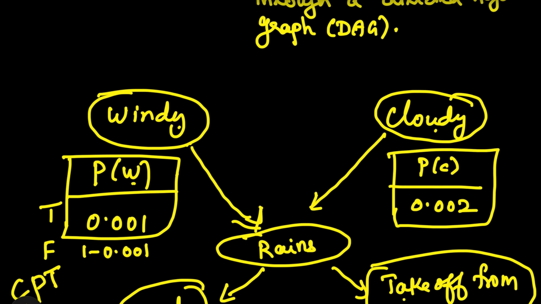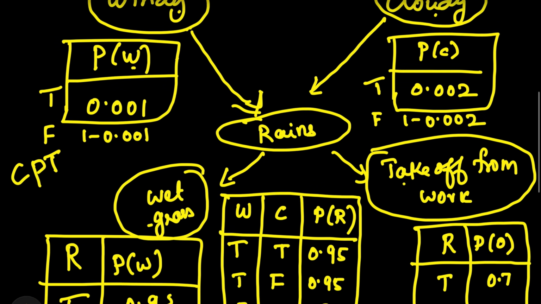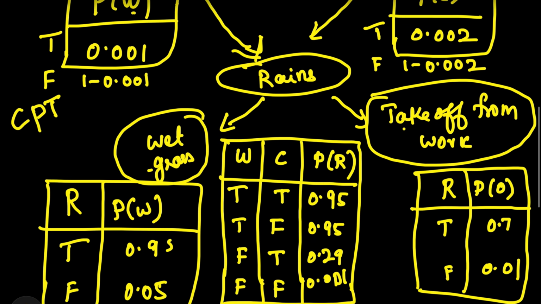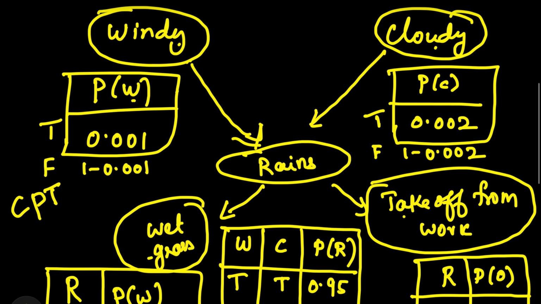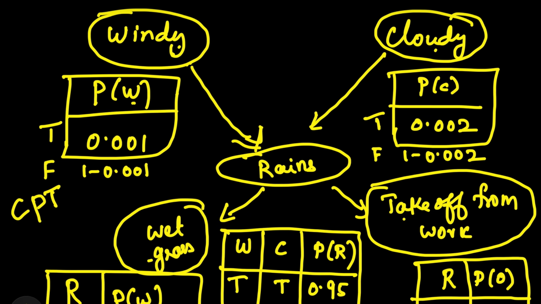And here it is cloudy. Cloudy is also a separate node with the feature cloudy. It doesn't have any parent node, so we take only the probability of cloudy. For the true condition, if cloudy is yes, the probability is 0.002. If it is false, I will take 1 minus 0.002. That is the value of the false condition for cloudy. Now, when we talk about rain, we have two different parent nodes for rain, windy and cloudy.